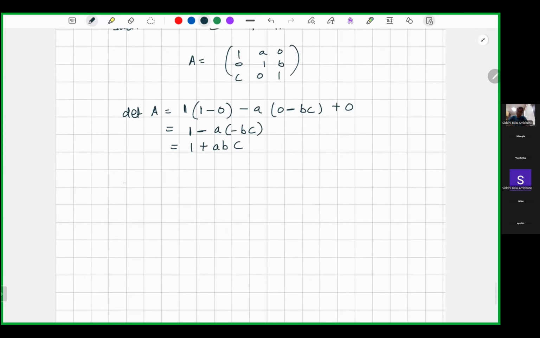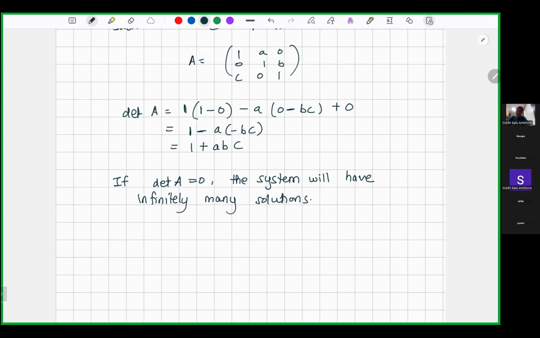So this is 1 plus ABC. Therefore, if the determinant of A is 0, the system will have infinitely many solutions.